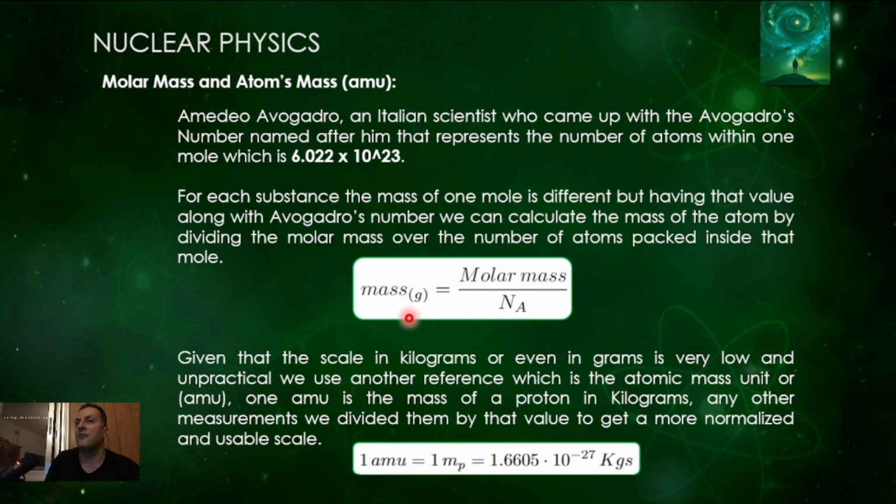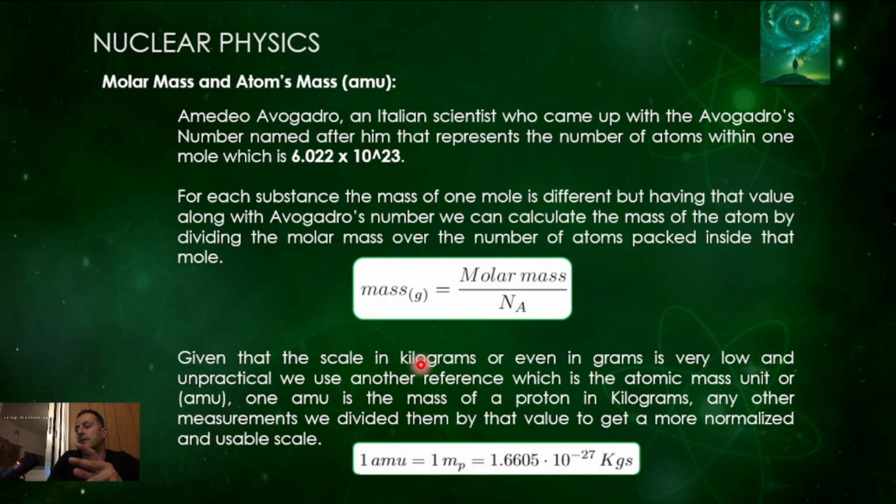So the mass in grams of one atom is the molar mass, meaning the mass of an entire mole, divided by Avogadro's number, or the number of atoms within that mole. This is how you get the mass of one single atom.